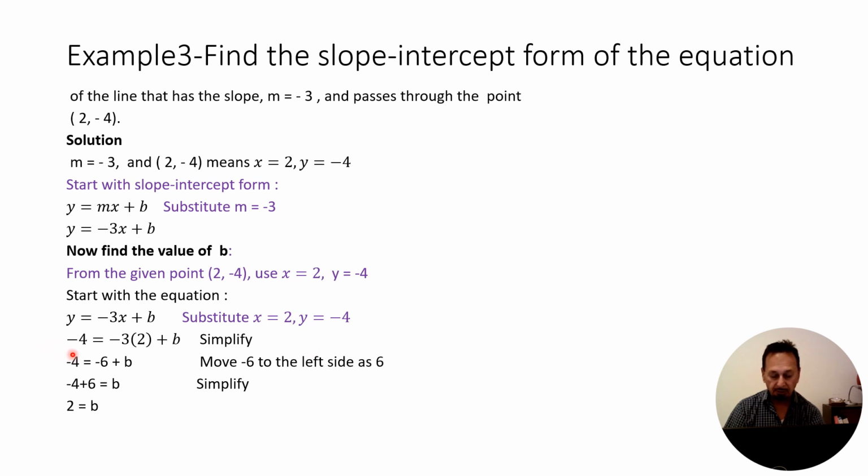The equation becomes negative 4 equals negative 3 times 2 plus b. We can simplify: negative 3 times 2 is negative 6, so negative 4 equals negative 6 plus b. Now to isolate b, we move the negative 6 to the left side. So you get negative 4 plus 6, which is 2, so b is 2.